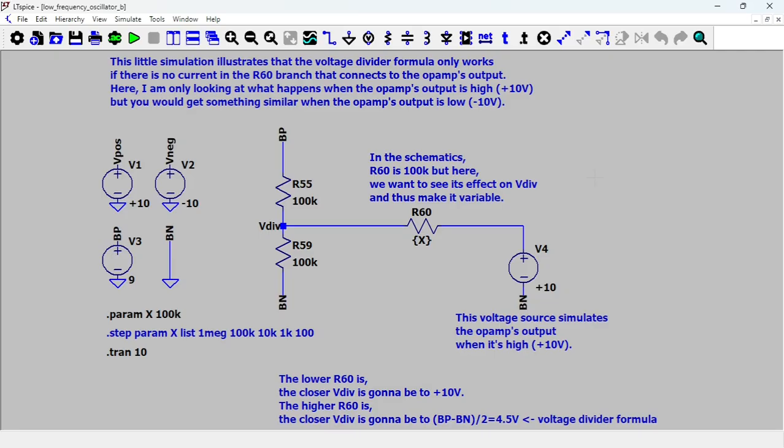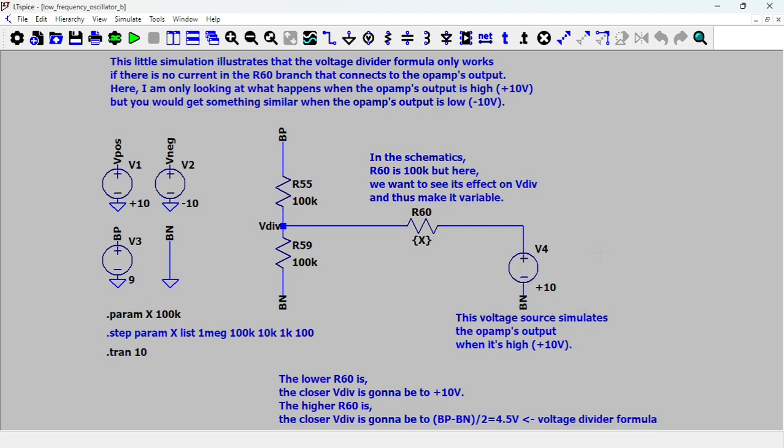Yeah, so I created another simulation that shows what happens to a voltage divider, like we had in the previous schematics, and you have another branch coming to it. So here I'm simulating the output from the op-amp with a voltage source, which is 10 volt.